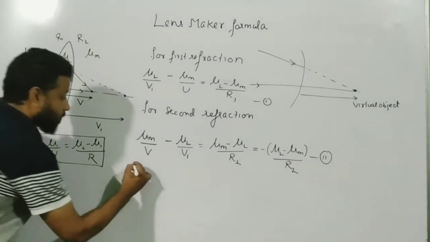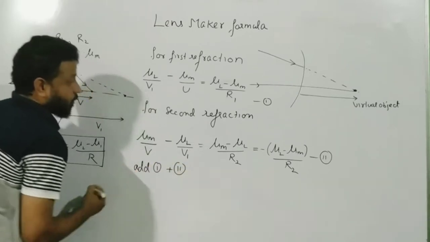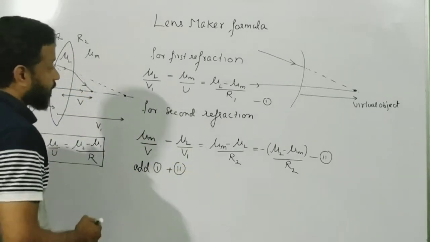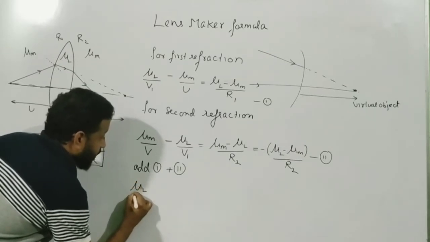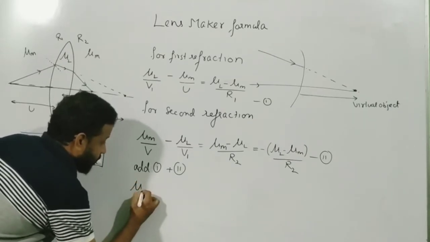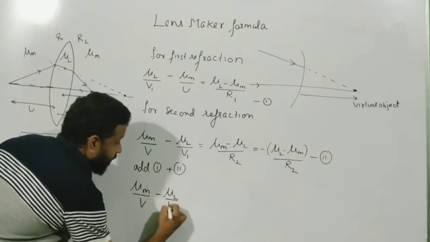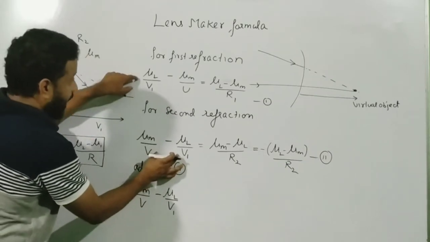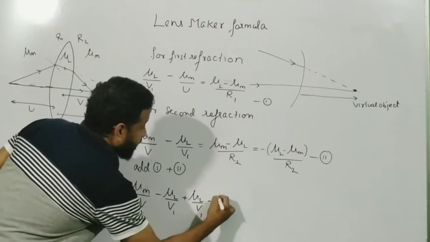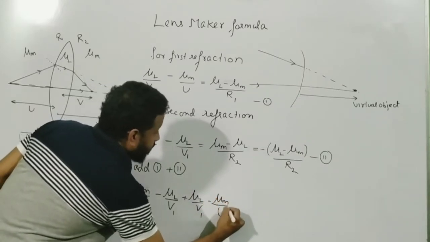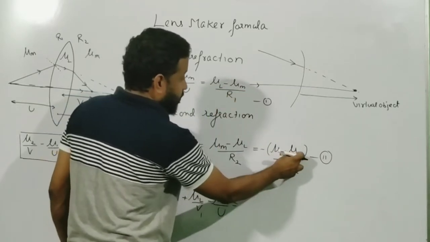Now add 1 and 2. When you add 1 and 2, what will you get? Writing the 2 first: mu m by v minus mu l by v1, and then you add this, plus mu l by v1 minus mu m by u equals, now this mu l minus mu m by R1, mu l minus mu m by R2.